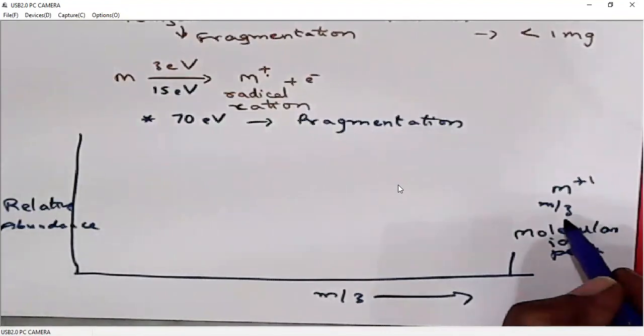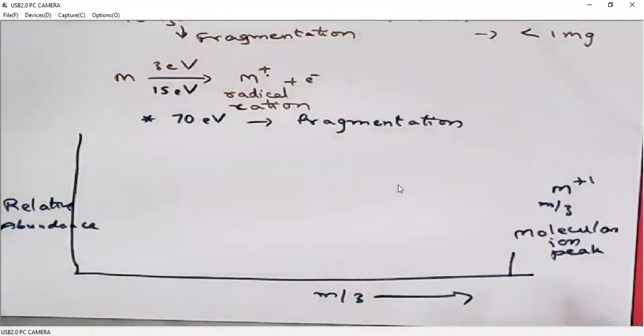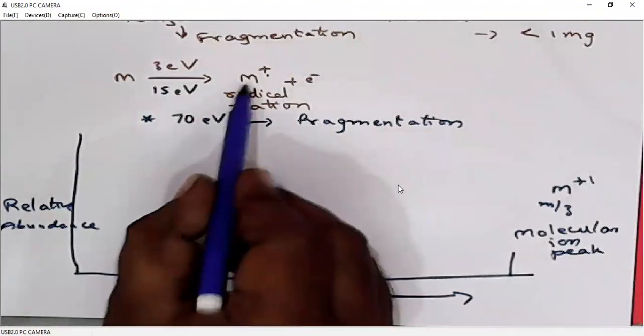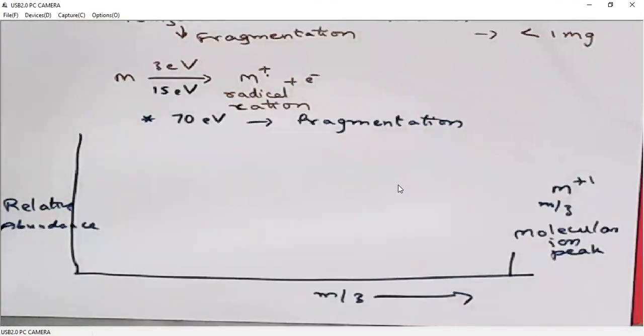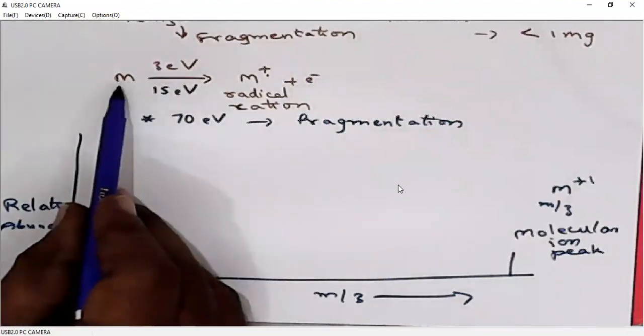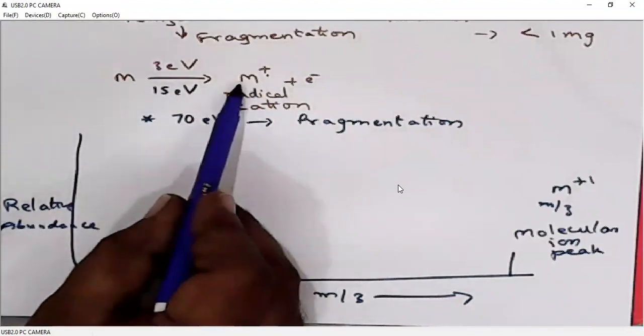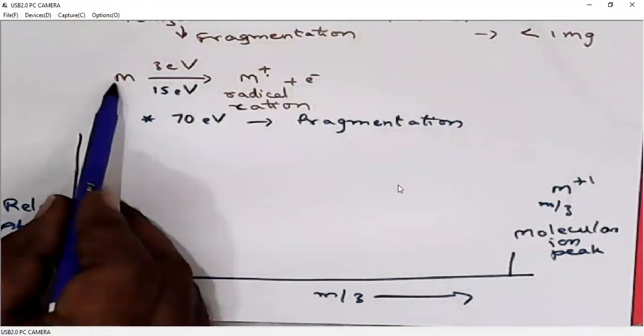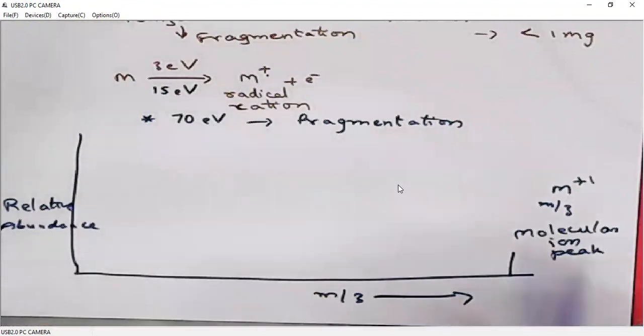That means m/z is nothing but m. So when we initially generate the radical cation, its mass is nothing but the mass of the molecule, because it has only a +1 charge. So the last peak on the right side is generally called the molecular ion peak.